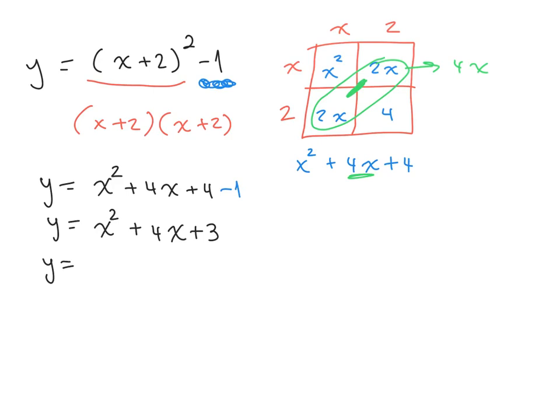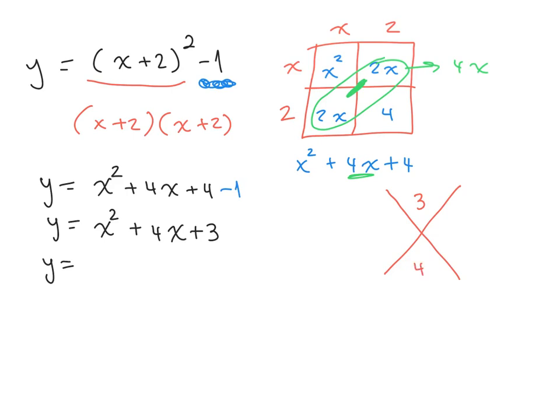So it's going to be y equals something. So we have a trinomial, and when you factor a trinomial, you typically get a binomial times a binomial. And the way to factor is to use what some people call a diamond puzzle. So our product is 3, and our sum is positive 4.